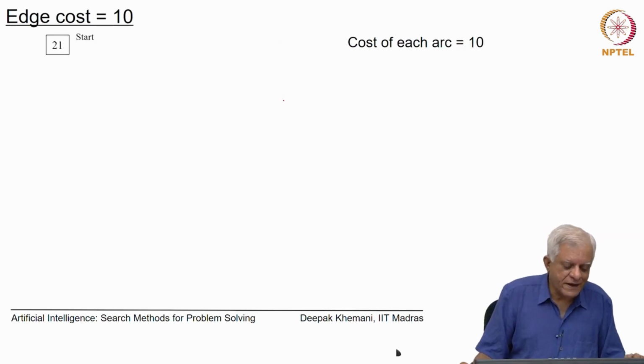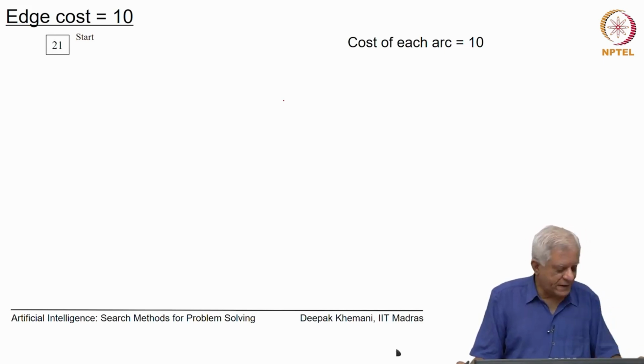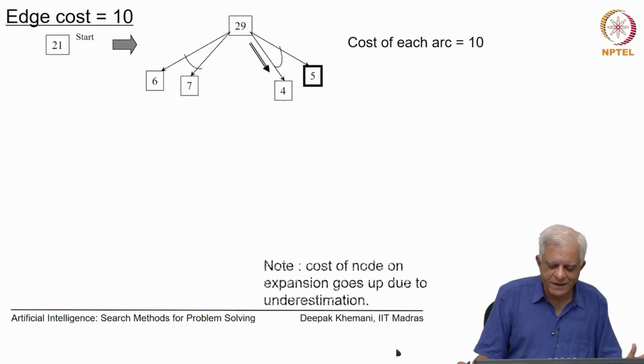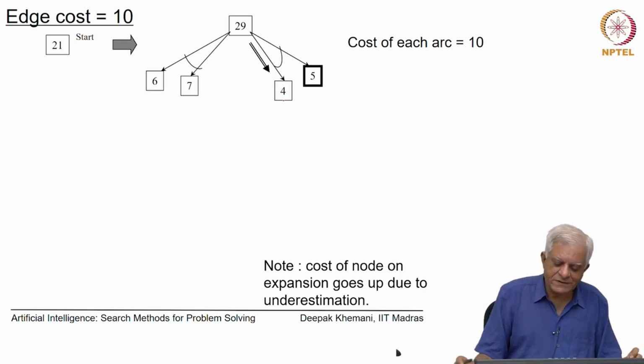So, we start as before with the root node, which has an estimated cost of 21, but now we assume that the edge costs are 10. Of course, the first node will be defined in the same way, the same subgraph would be generated, but now the edge costs are 10.